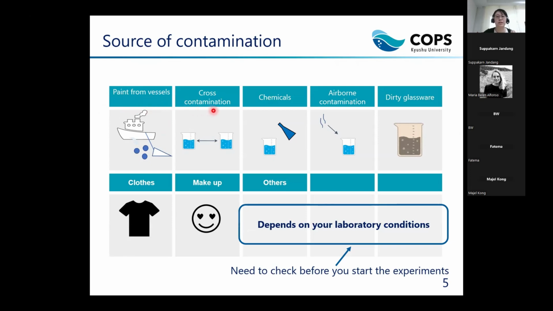Also, during sample processing, cross-contamination can happen. Also, the chemicals you use perhaps have some particles. And during laboratory experiments, airborne contamination can happen. If your glassware is dirty, it produces contamination, and your clothes can produce airborne contamination as well.